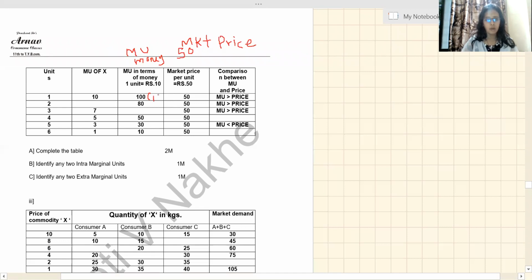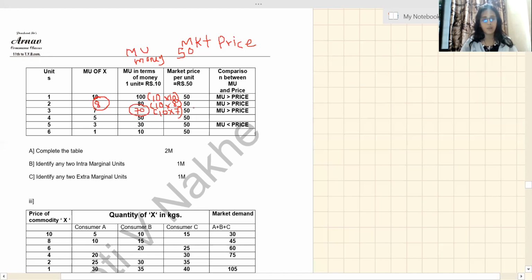How did we get 100? 10 units, 1 unit is equal to 10. So for 10, it is 100. Now 80. I know 10 is per unit. If I get 80 as the answer, it means it should be 8. So my first fill in the blanks is 8. Here they have given 7. I know 1 unit is equivalent to 10. So 10 into 7 is equal to 70. My second fill in the blanks is 70.